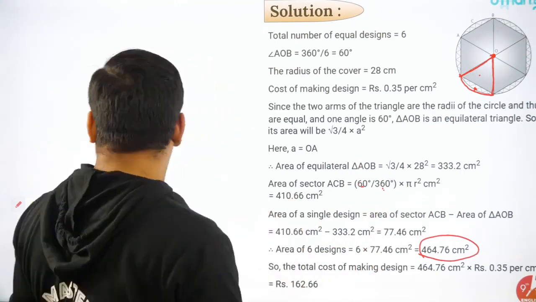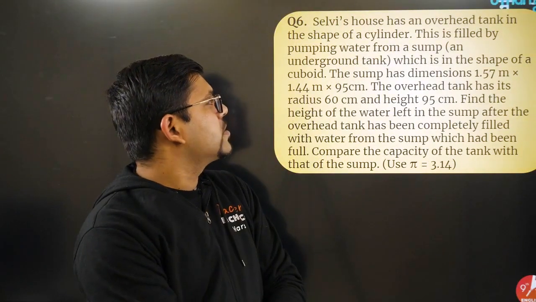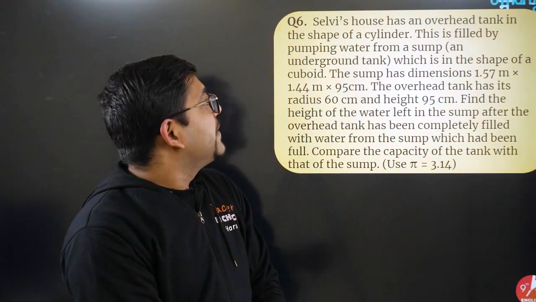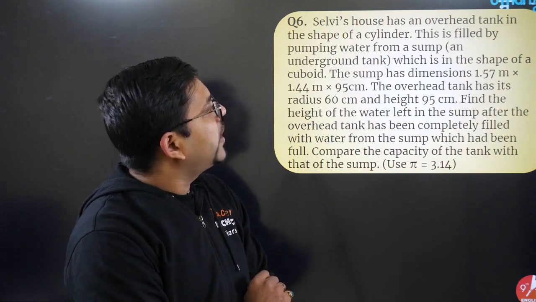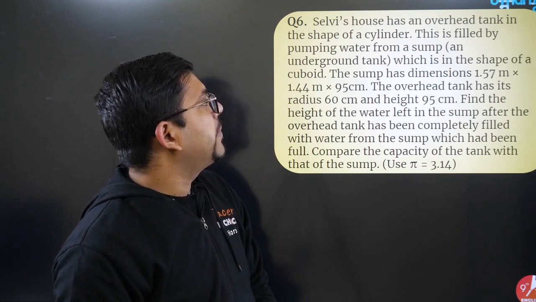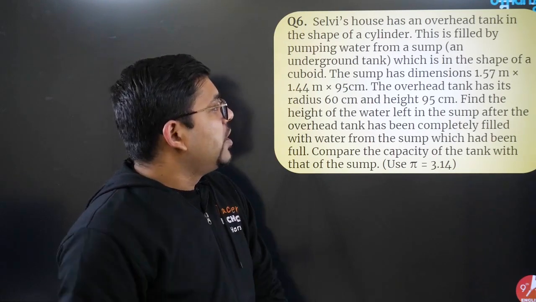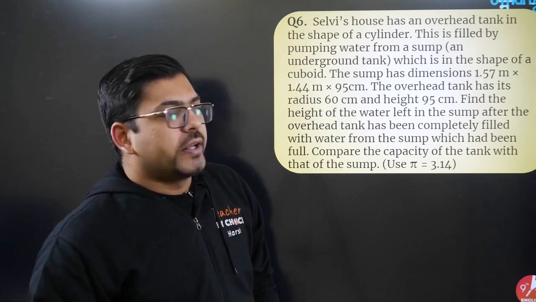Here we go to the next question. Oh my goodness, this is quite a big question. Selvi's house has an overhead tank in the shape of a cylinder. This is filled by pumping water from a sump, an underground tank, which is in the shape of a cuboid.